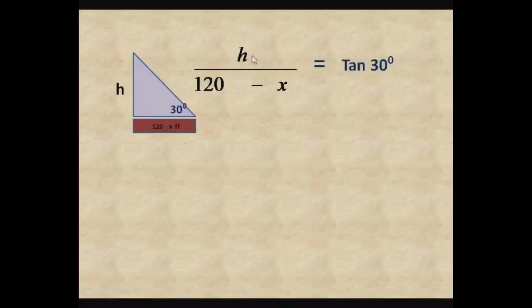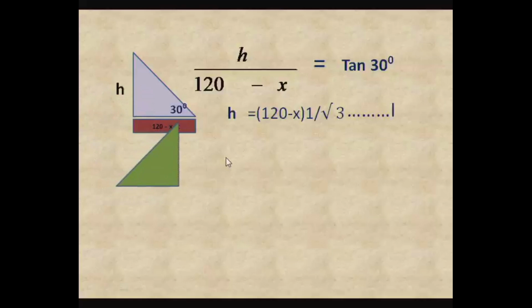Now h we do not know, and we know tan 30 is 1 by root 3, so h is equal to (120 minus x) into 1 by root 3. This is equation 1 with the help of this triangle.